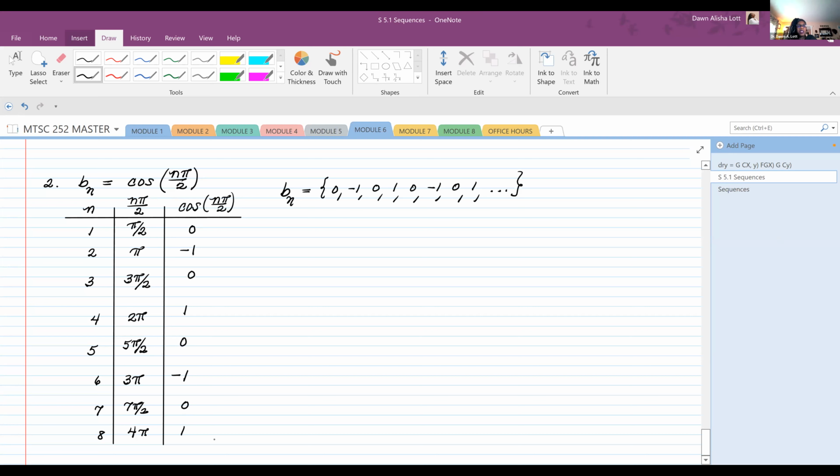Okay, so does this sequence of terms appear to you to have a limit? Like they're all trying to approach one number? No. Not at all. These are not trying to approach anything. So again, some sequences don't have limits, and this one is one of them.